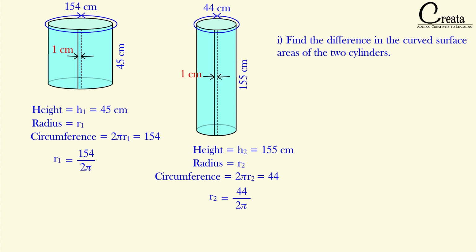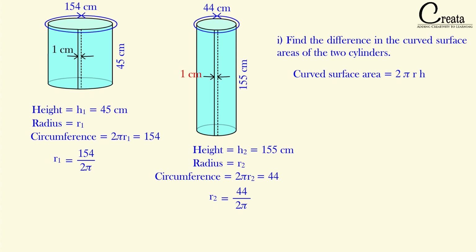In the first part, we have to find the difference in the curved surface area of both cylinders. What is the curved surface area? This portion is the curved surface area. We are not calculating the area of the two ends of the cylinder, only the curved portion. And what is the formula of curved surface area? It is 2 pi r into h.